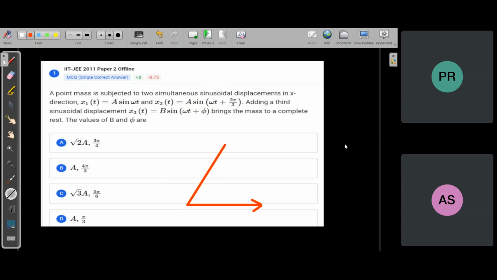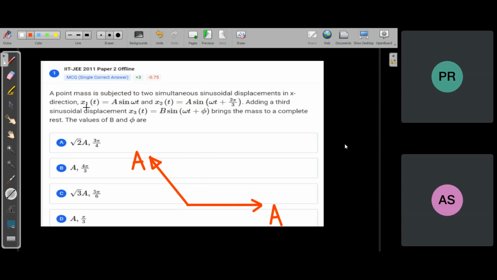Phase difference is 2 pi by 3, means 120 degrees, like this. This represents amplitude A, and this represents amplitude A.